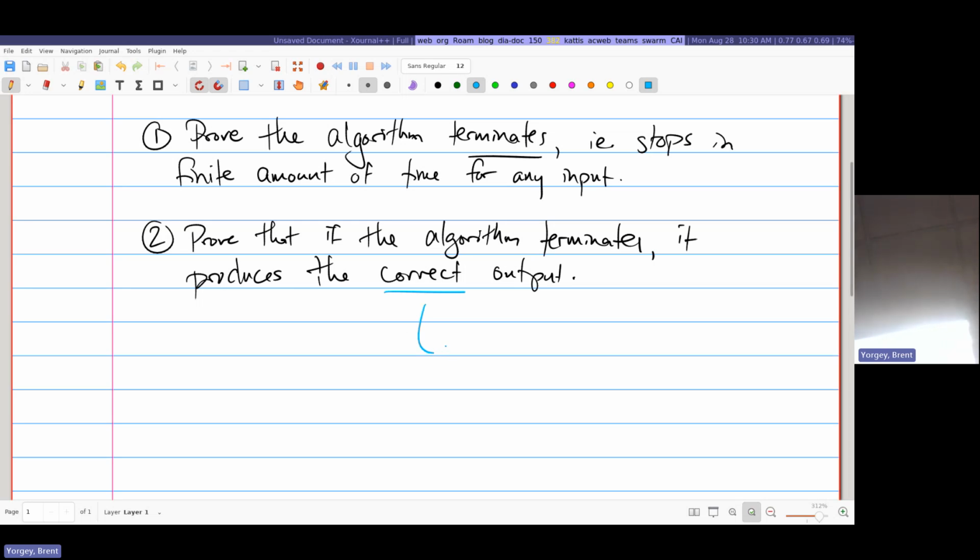We mean correct with respect to some specification, like maybe a mathematical specification, or some brute force algorithm, etc. For any given algorithm, we're going to have some idea in mind of what it would mean for it to be correct, like what the correct output is.